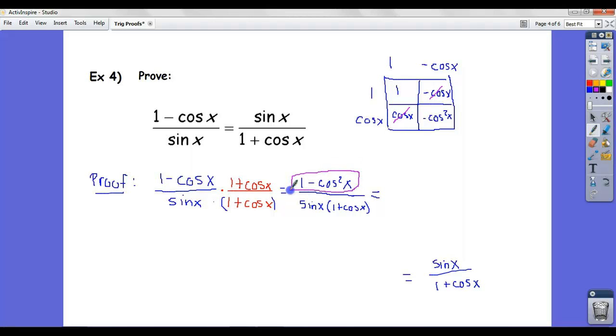Look for a few seconds and see if you know an identity for that. If you found it, you should have found that that's equal to sine squared. So I can make that substitution. And we're precisely where we want to be, because sine squared over sine, one of them goes, and I'm left with this guy.